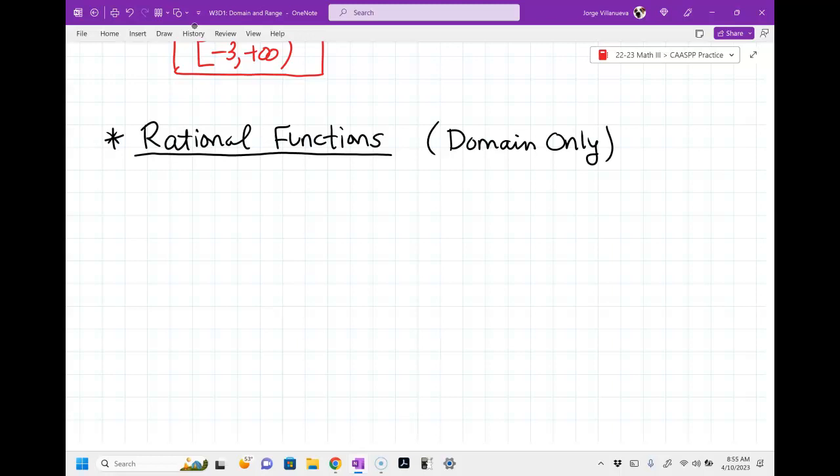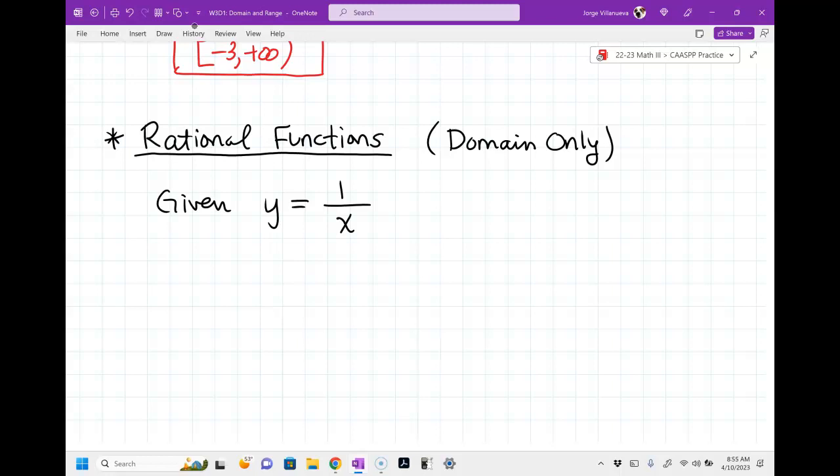Okay, now with rational functions, I'm going to put given y equal to 1 over x. Now, it doesn't have to be just a 1 on top. There can be other stuff, and we'll talk about that as we do some examples here. But that's considered a reciprocal function, but it's still a rational because rational means fraction. So it's still a fraction.